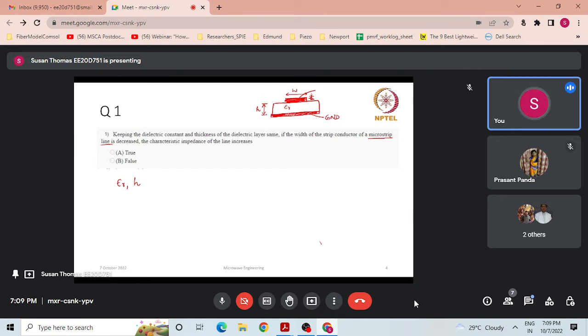If the width of the strip, W, is being changed, so it is being decreased, what will happen to the characteristic impedance of the line?